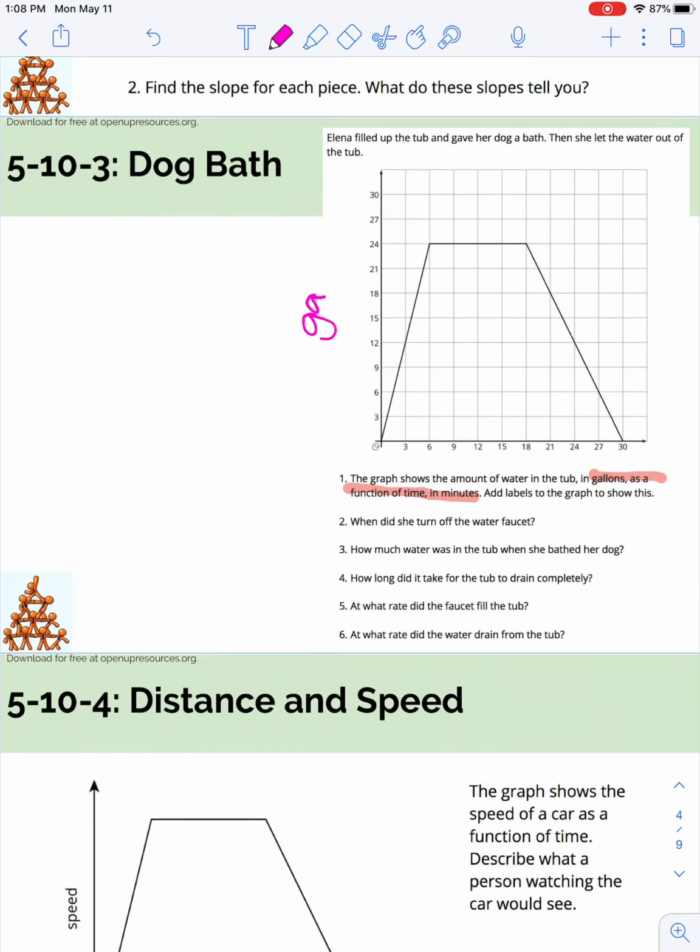So this is gallons. And then whatever comes after "as a function of," that goes on the x. So this is time. Okay, I hope that makes sense.